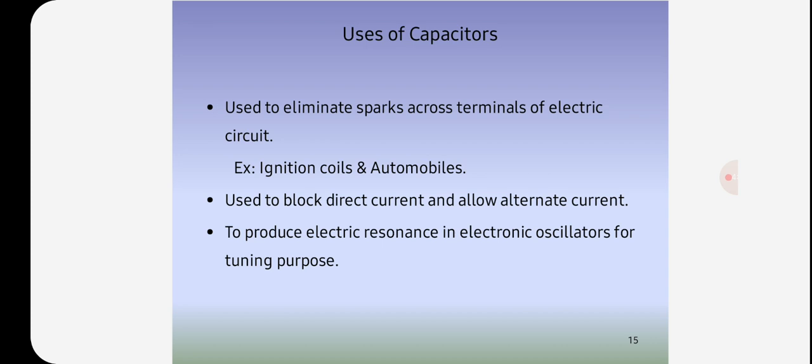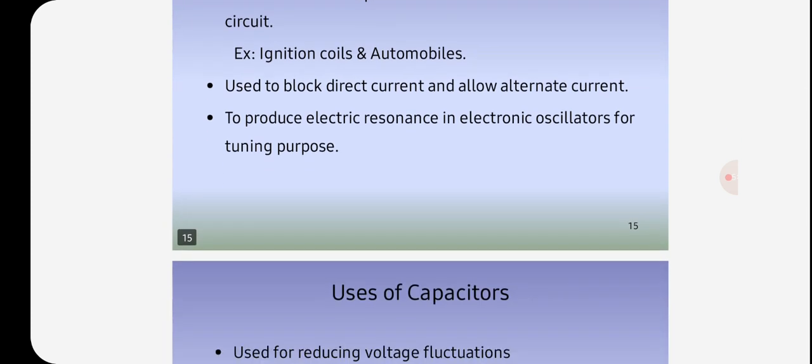Used to block direct current and allow alternating current, to produce electric resonance in electronic oscillators for tuning purpose.